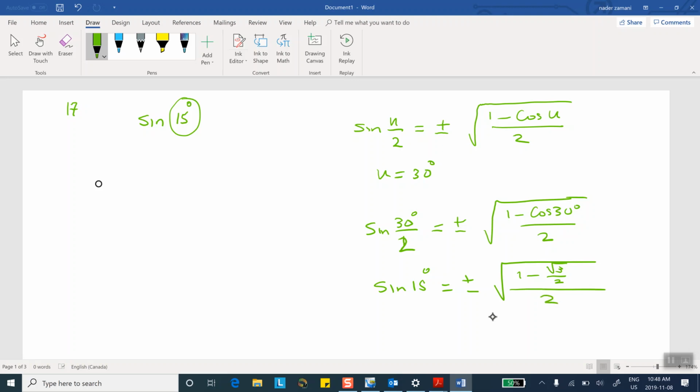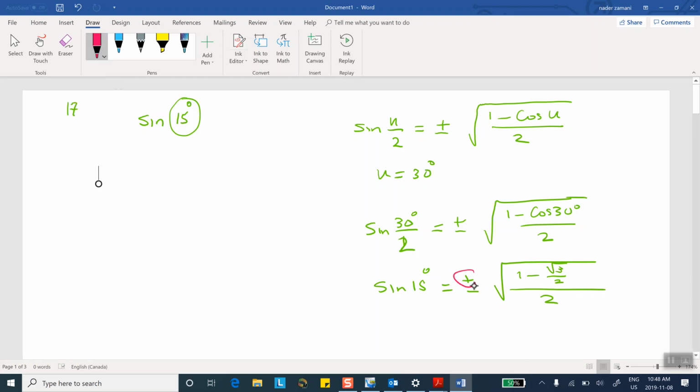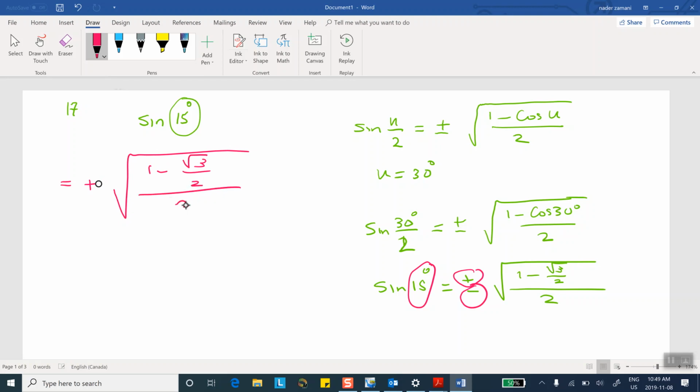Now the question is, should I use a plus or a minus? Well, 15 degrees is in the first quadrant, therefore the sign must be positive. So the answer is equal to plus the square root of 1 minus root 3 over 2, divided by 2. This is it. Stop right there.